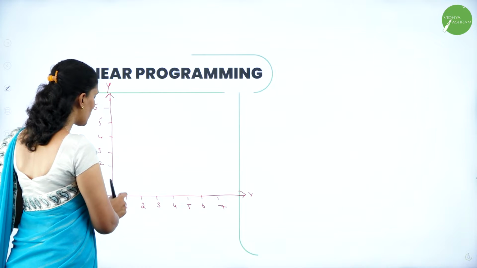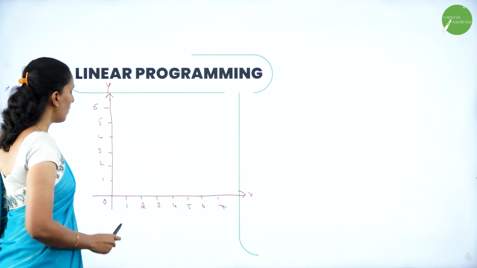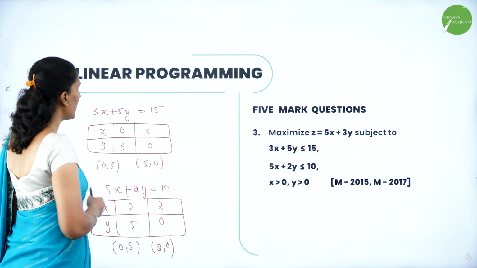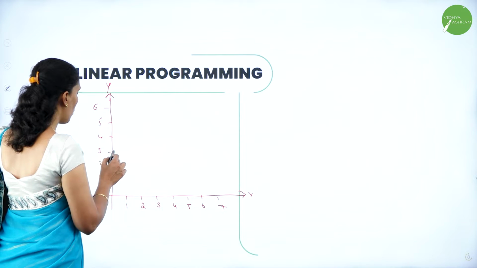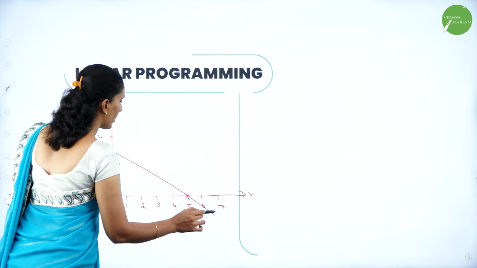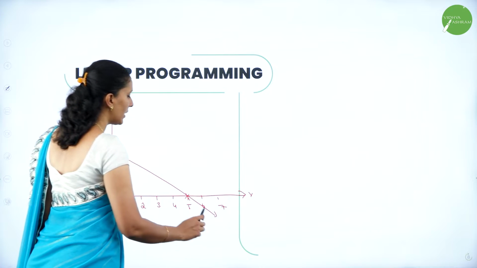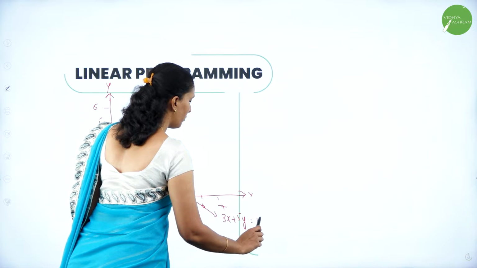Always remember, use 1 centimeter to draw the units here. My first equation is 3x plus 5y is equal to 15. The coordinates are (0, 3) and (5, 0). Let us draw a straight line joining these 2 points. Once you have drawn this line, write the equation of the line, 3x plus 5y is equal to 15.